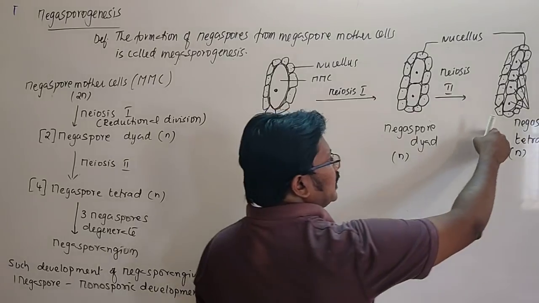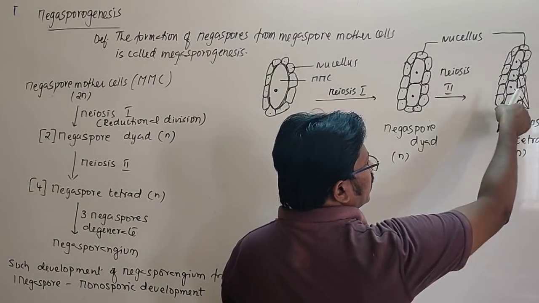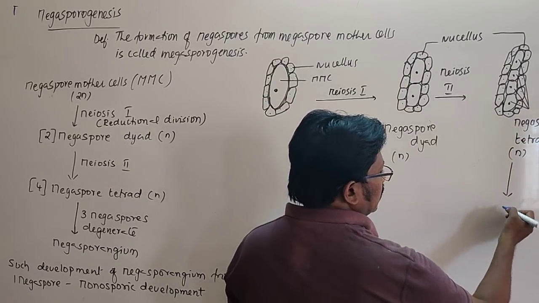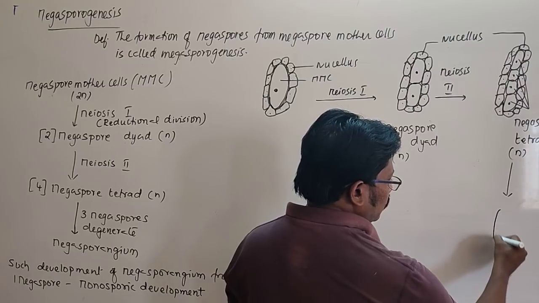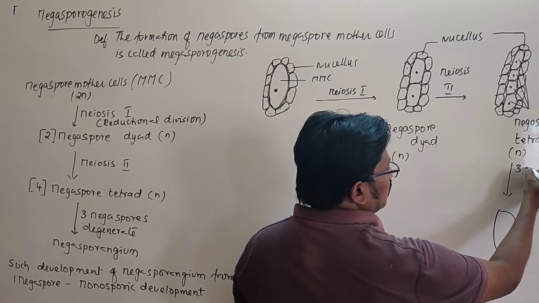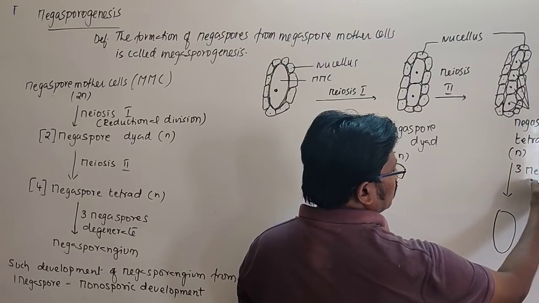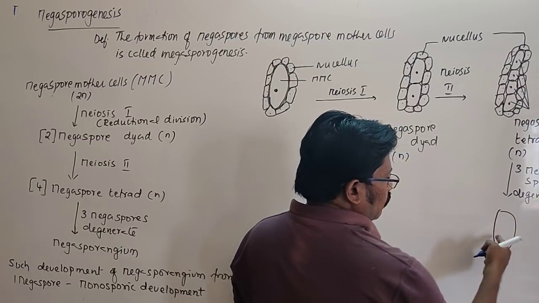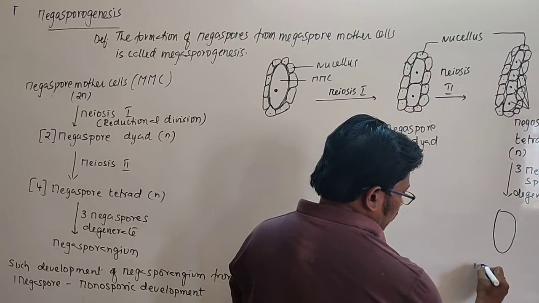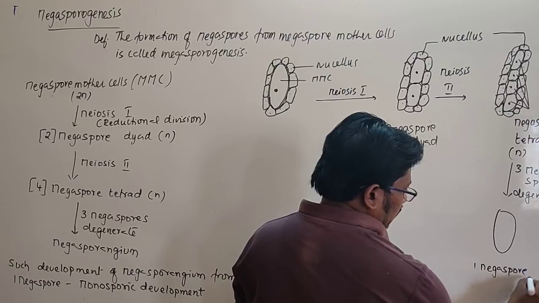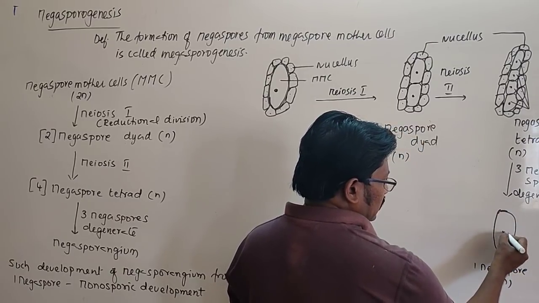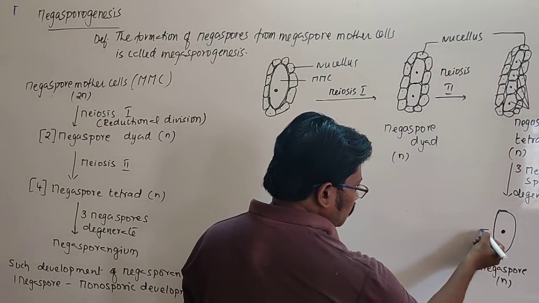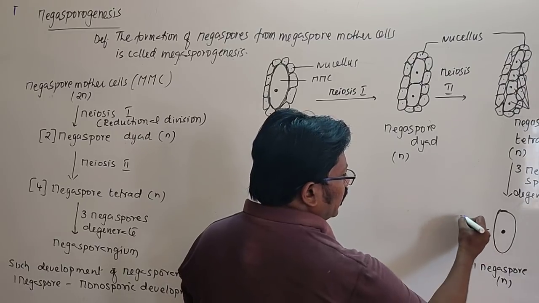Now I told you that out of the 4 megaspores, 3 will degenerate and only 1 will develop. So here 3 megaspores degenerate and only 1 remains. This is 1 megaspore, that is haploid. It consists of only 1 nucleus. This one will undergo mitosis.